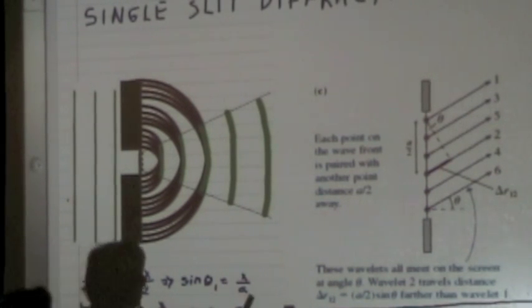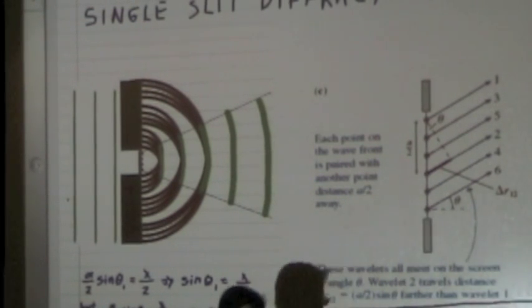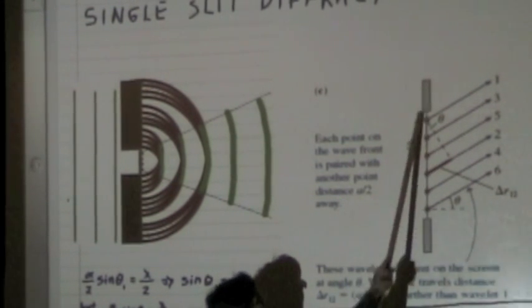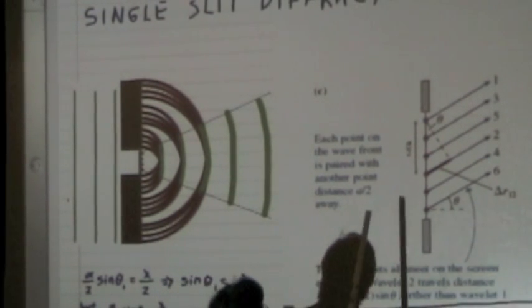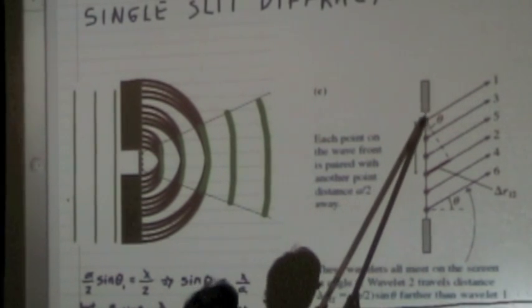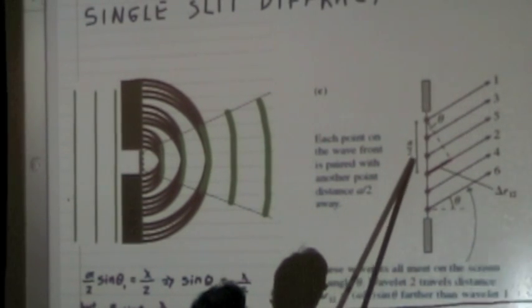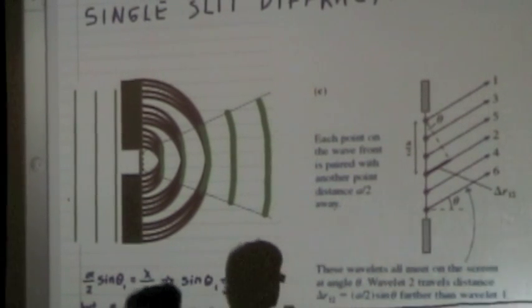So what you can do is the following. You can start by dividing the slit into two groups: the top half and the bottom half of the slit, right? And then you look at some discrete points or sources for the waves. This one for the top half, and this one for the bottom half.